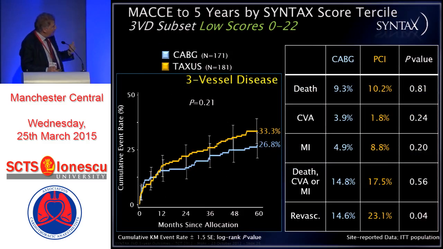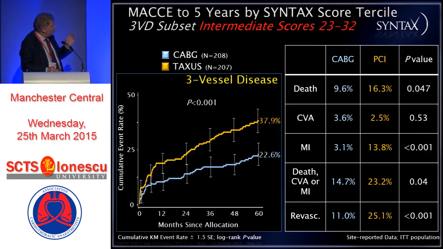Now, if we divide patients with 3-vessel disease according to the SYNTAX score, there is no difference in MACE for patients with 3-vessel disease and a low SYNTAX score, at least no statistical difference. There is, as you can see at the bottom part of the slide, a difference just significant for repeat target vessel revascularization. If we move to patients with an intermediate score, there is a difference.